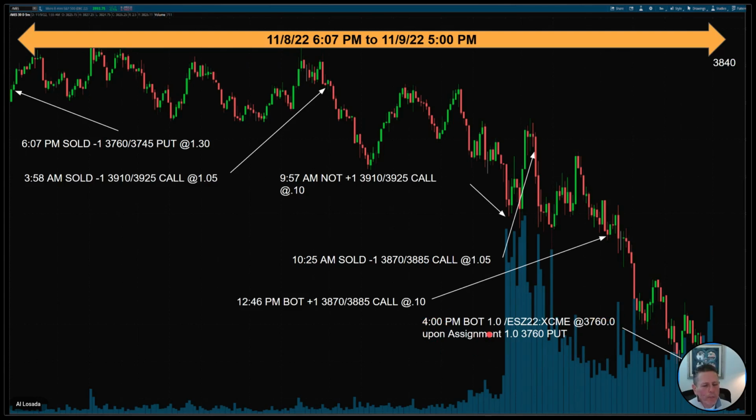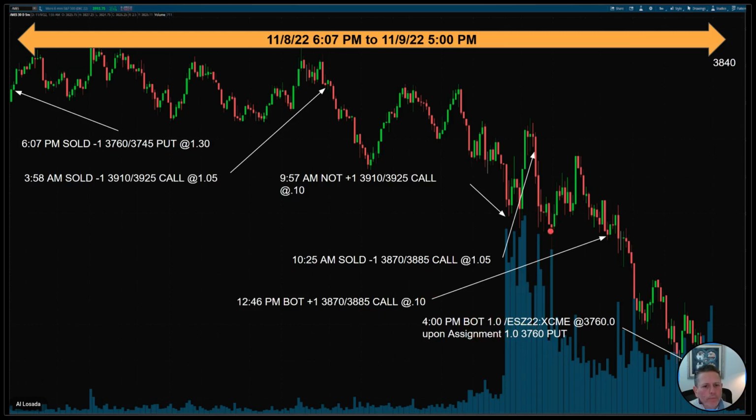So now let me talk a little bit about assignments, okay? So with ES positions, you're able to close those positions for a loss and a gain, right? But when that position goes in the money, right? So within the range of, let's say, 3760, which was 3760 and 38. Let me see which one it was. No, this was the put.